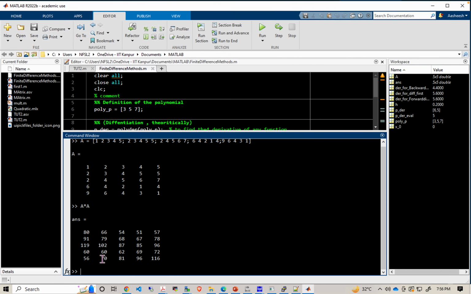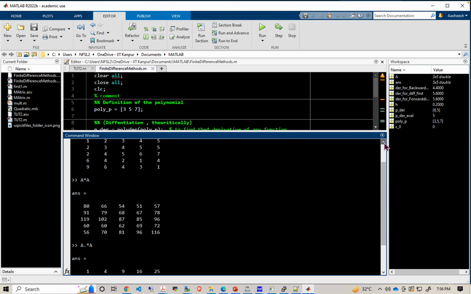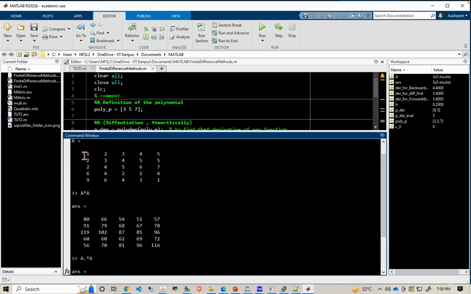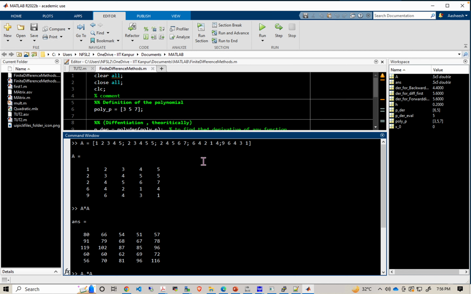Yeah. So if you want to multiply element by element, then you just need to put a dot star A again, and it will multiply element by element. Element by element means 1 will be multiplied by 1, 2 will be multiplied by 2, so same elements will be multiplied.